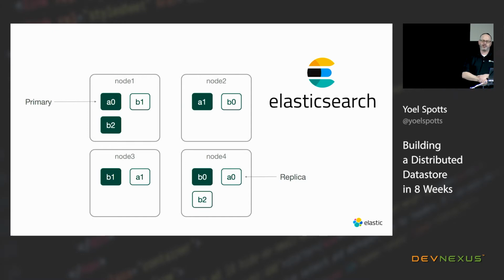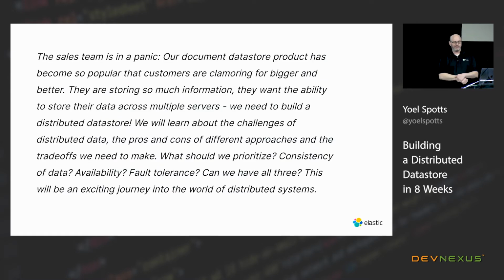So I made the decision that we were going to build a distributed data store. I put together the following blurb, which you can read here just as easily as I can. If you've ever put together an abstract for a presentation, you know that you write it well in advance of fleshing out the entire presentation.